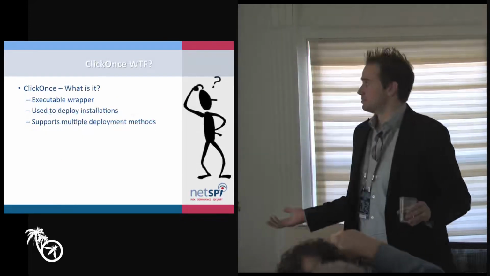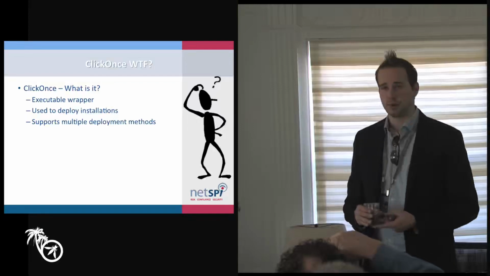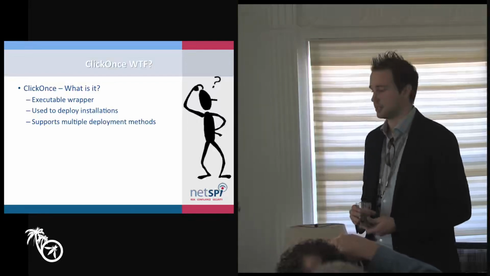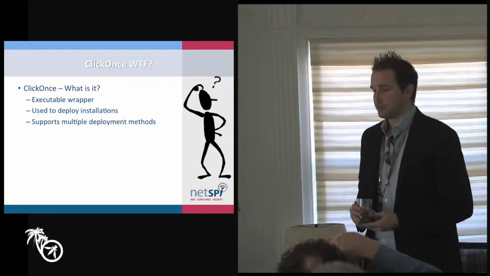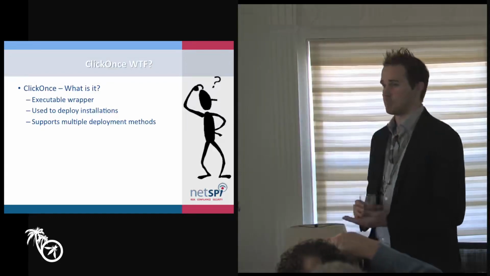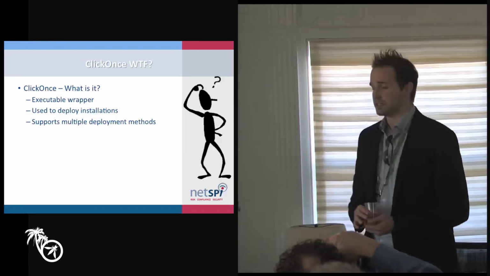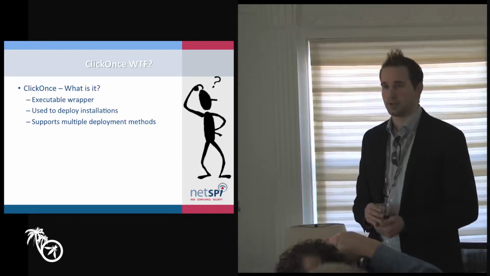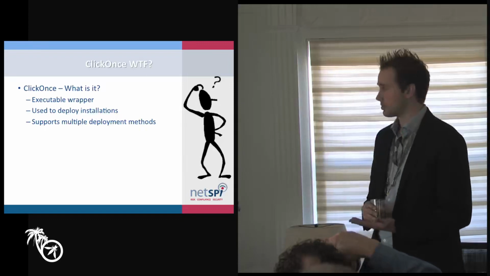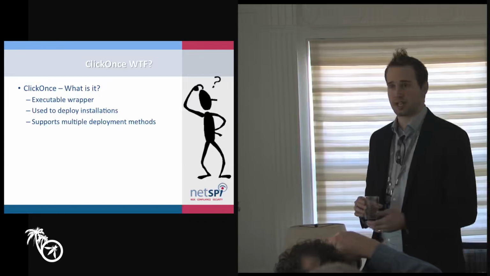So, ClickOnce, what is it? It's an executable wrapper that sits around basically any sort of code that you want to run on somebody's box. System admins generally use this to deploy applications throughout their internal network and to whoever needs it. It's installed on a per-user basis in their local app data directory, and you don't need admin privileges as a user to actually install it.